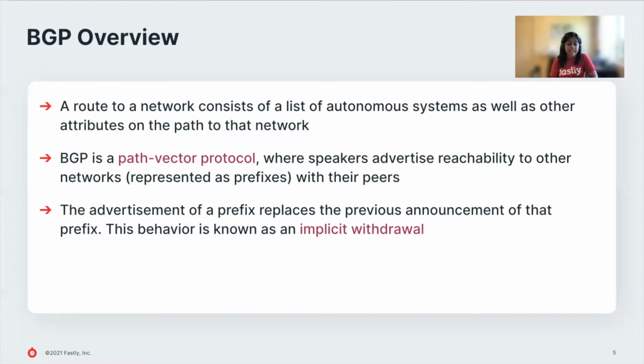The way it does this is by using advertisements. Nodes on the network typically advertise reachability information to various destinations with their peers. This is also known as a path vector protocol.